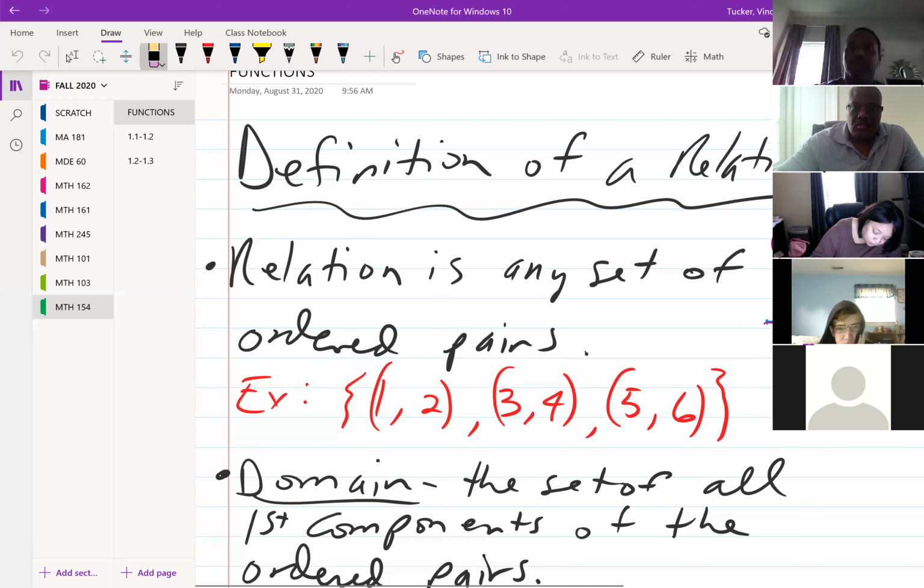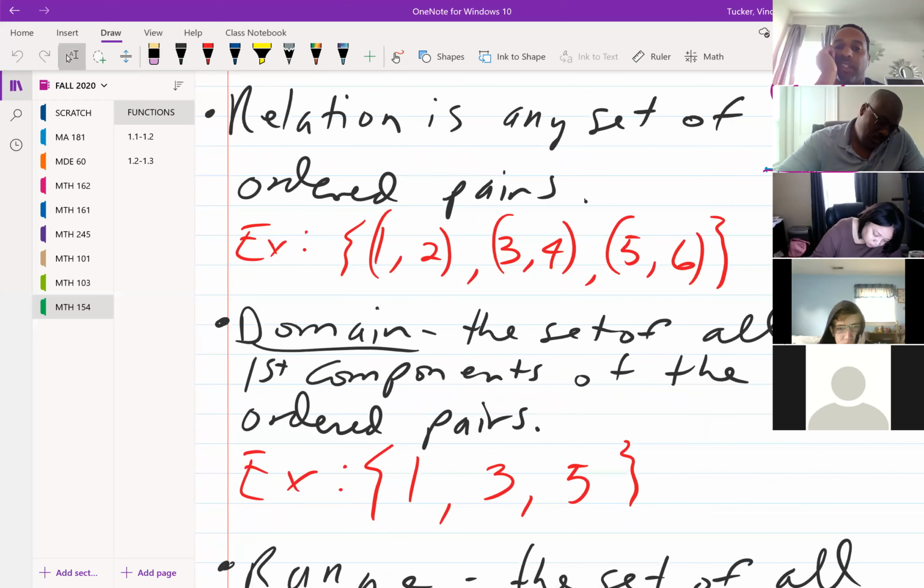The domain is a set of all of the first components of the ordered pairs. All right, so that's 1, 3, and 5.